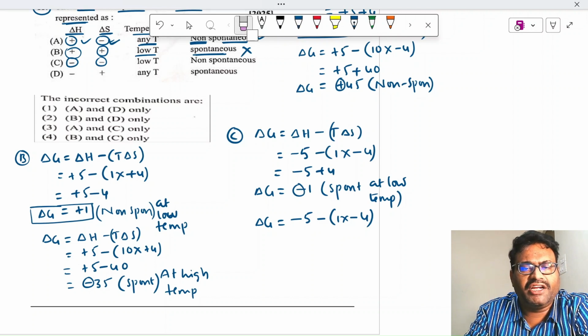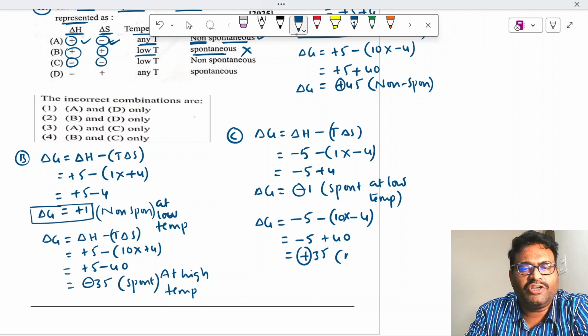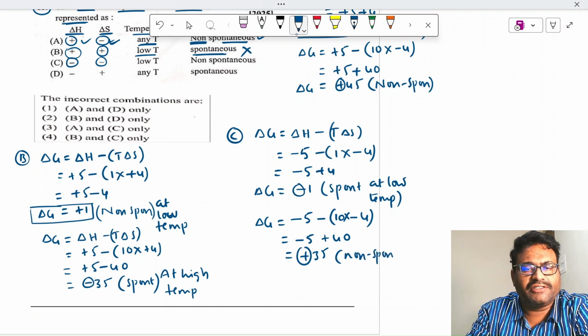Here I increased the temperature up to 10, right? So then what did you get? Minus 5 minus into minus, plus 40, that is equal to plus 35. What did you get? Plus, that means non-spontaneous at a high temperature.